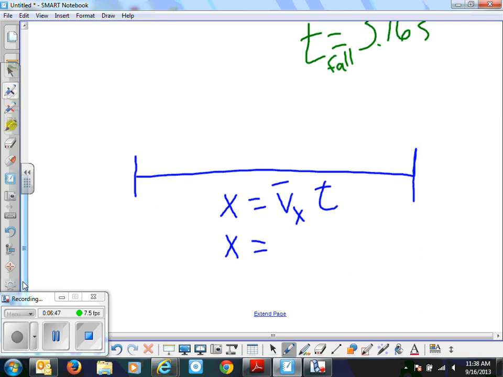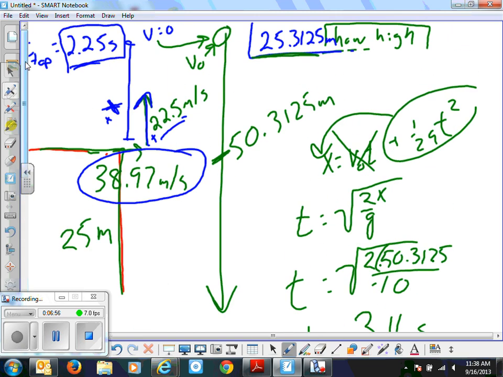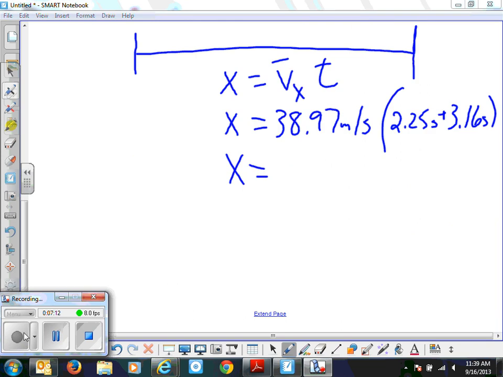So I'll plug that in, 38.97 meters per second. And then the time is the time up plus the time down. So we add 2.25 seconds plus 3.16 seconds. And my displacement in the x direction then is, okay, the answer is 210 what?